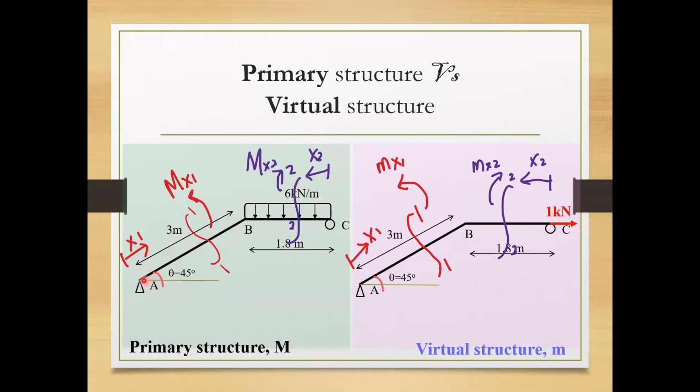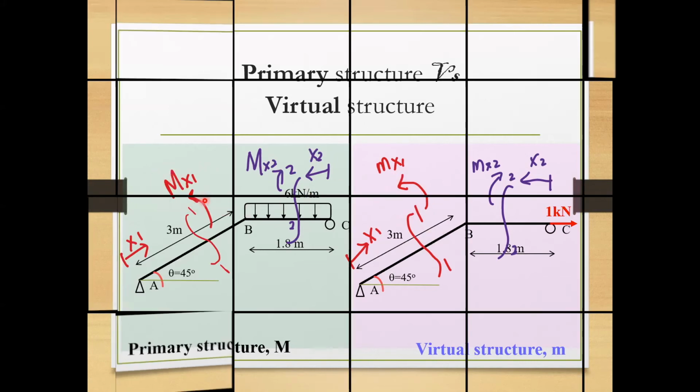For example, cut section 1-1 was decided for primary structure with x1 start from A and applied for a range of 0 meter to 3 meter for member AB. Here we do the same thing to virtual structure. Besides, assume the same sign of internal moment for sections at primary and virtual structures.